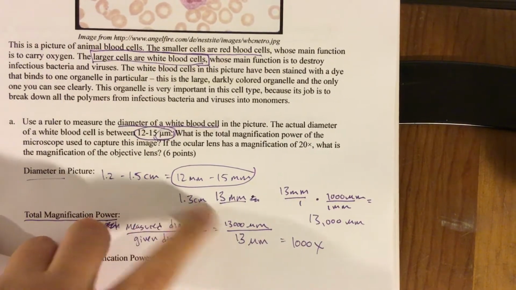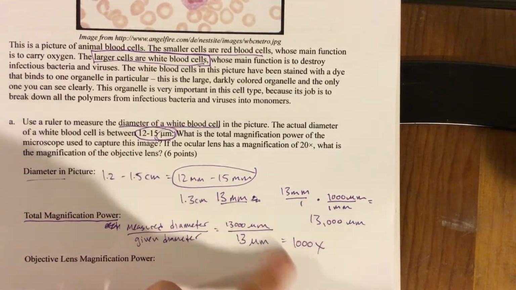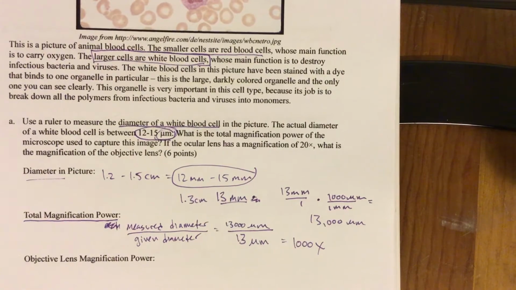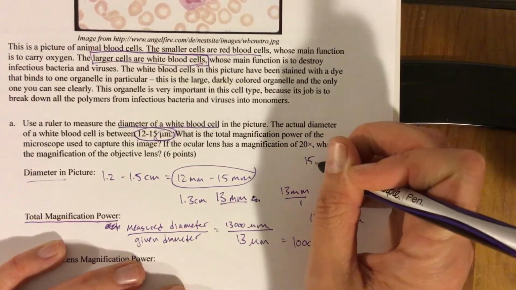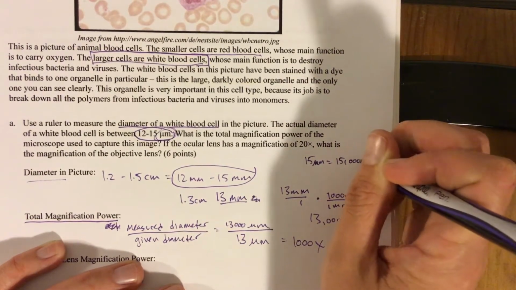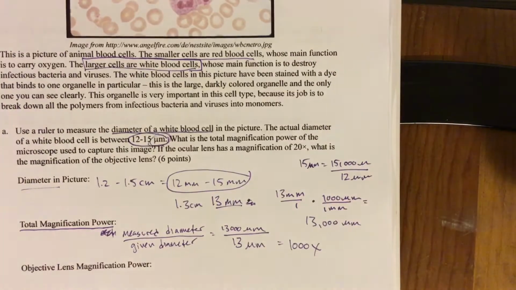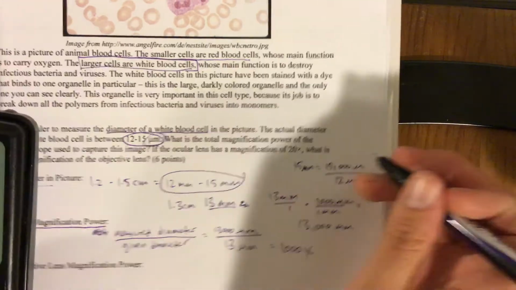If you measured 12 and then you did it over 15, as long as you got something in the realm of 1,000x and you did your math right, you got credit. So let's say you measured a cell that was 15 millimeters, so 15,000 microns, and then you divided it by 12 microns, then you should have gotten a total magnification of 1250.